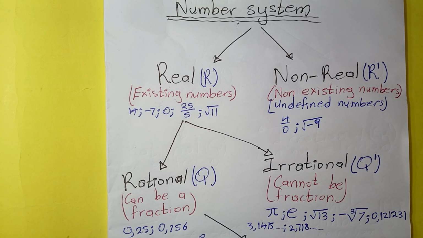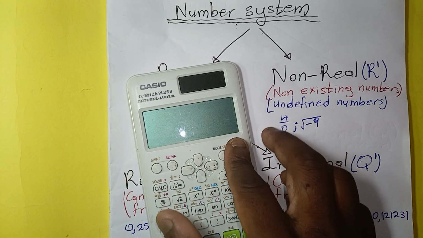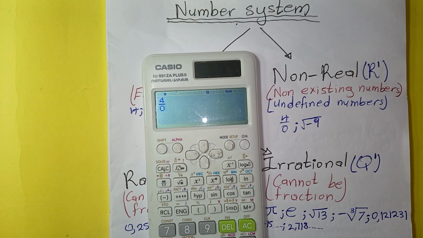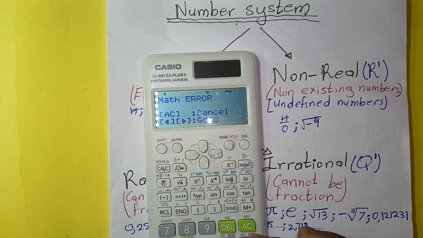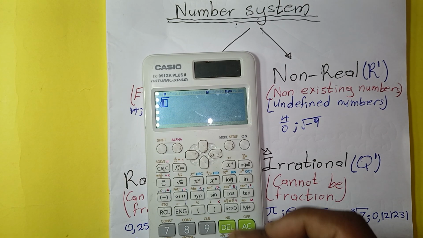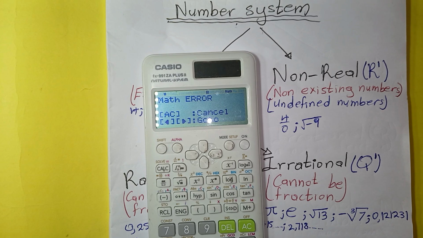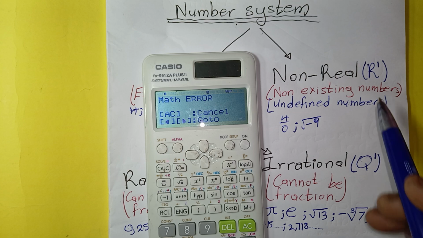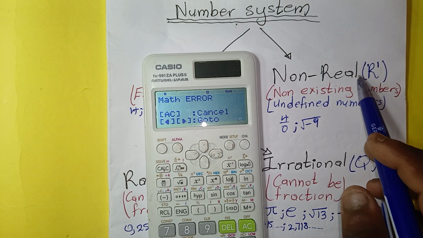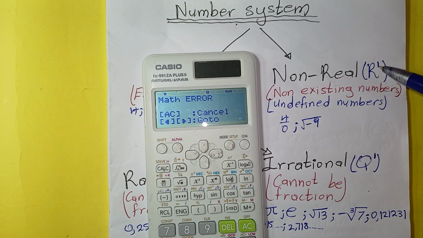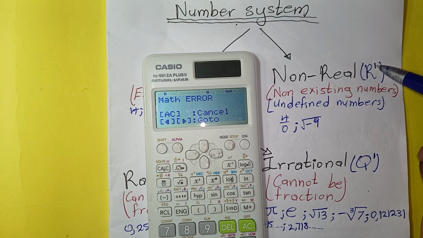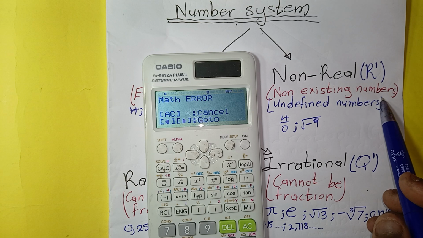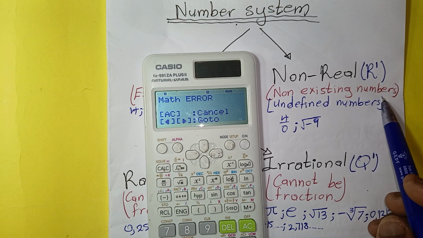If you try to punch them on a calculator, you will usually get an error, like 4 over 0, it's an error. Even the square root of -9 is an error. Those are what we call non-real numbers, and this is the symbol for a non-real number. My definition is a non-existing number, but in maths they won't ask you for the definition, just understand.